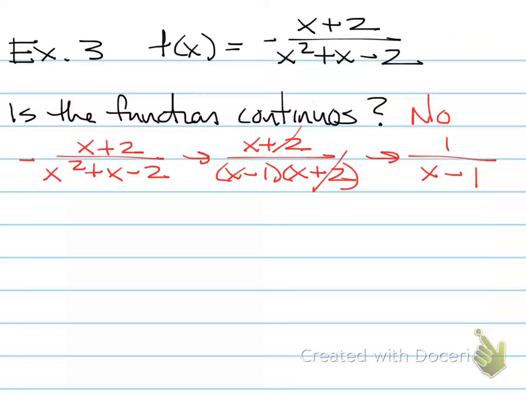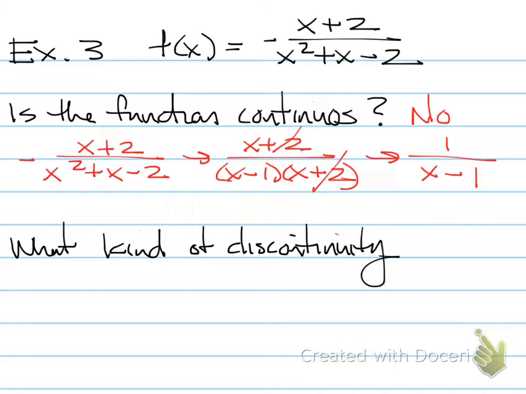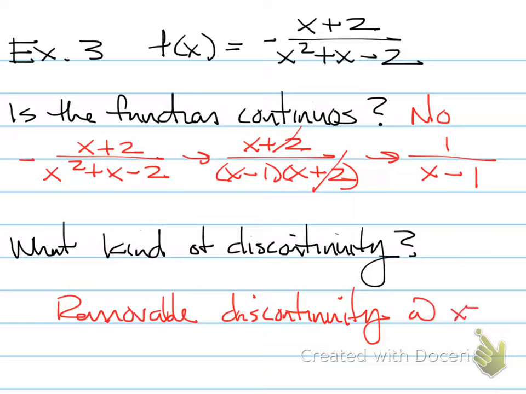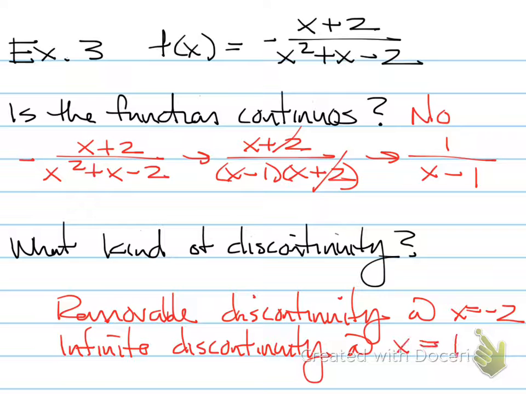All right, so there's going to be an asymptote at x equals 1, so that it is not going to be continuous. So we have removable discontinuity at x equals -2. And then we have infinite discontinuity at x equals 1 since there's an asymptote at x equals 1.